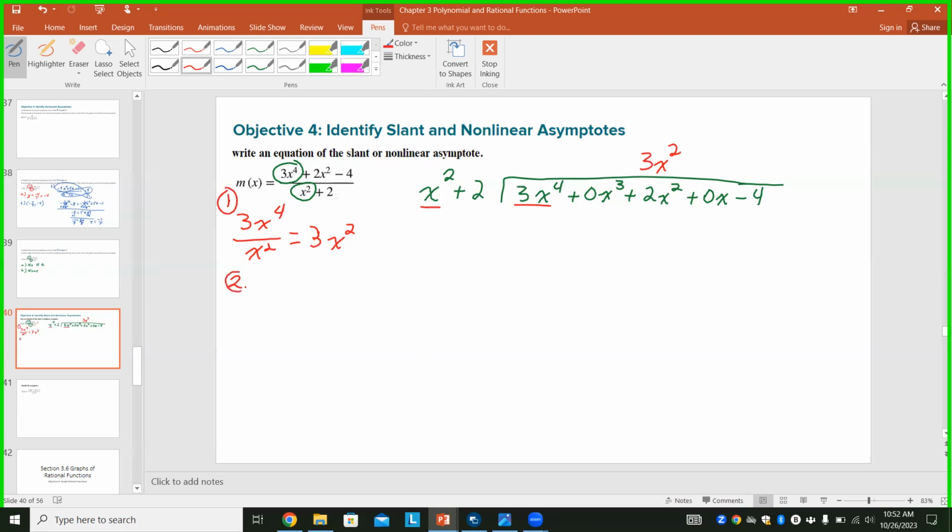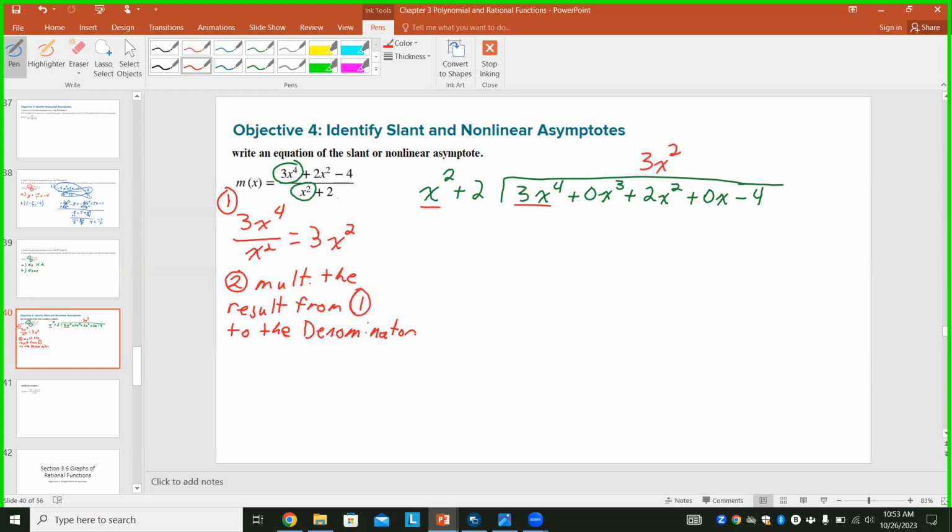Step 2, you're then going to multiply the results from step 1 to the denominator. The denominator is the term or the polynomial that's outside of the division house, x squared plus 2.